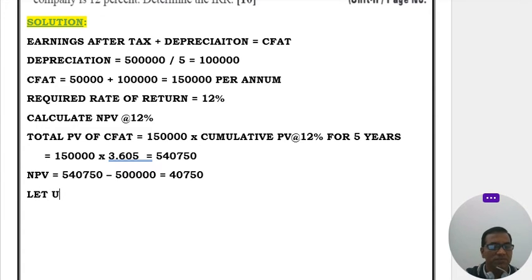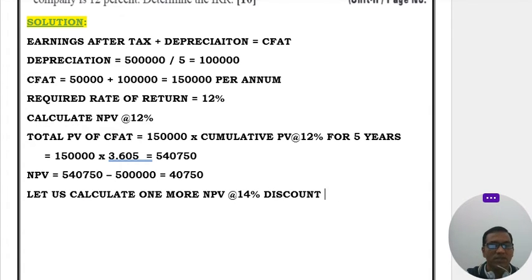Let us calculate one more NPV at the rate of 14% discount factor. Why 14%? I have to take above 12%.